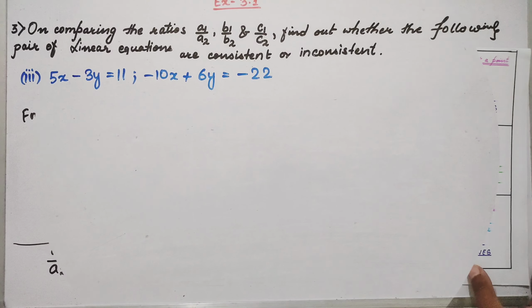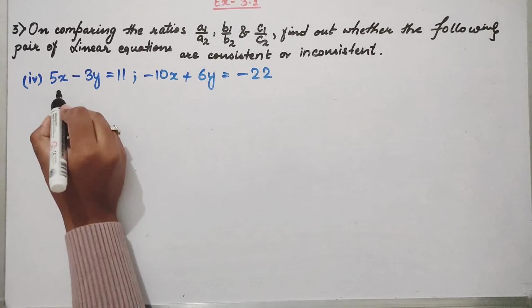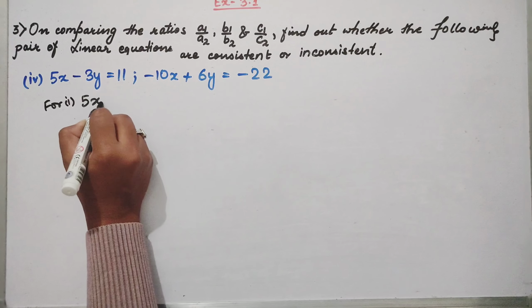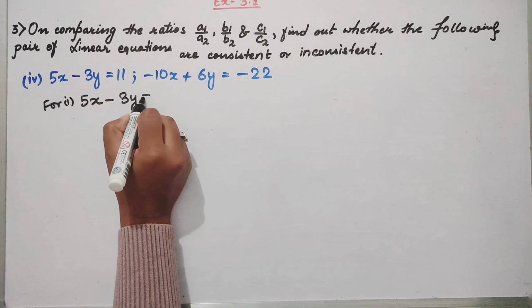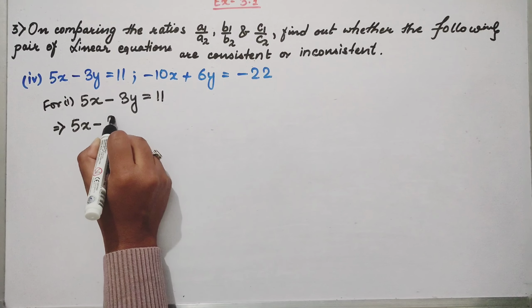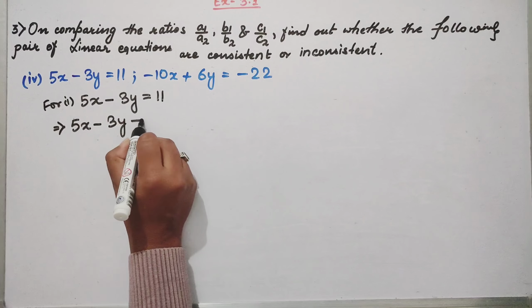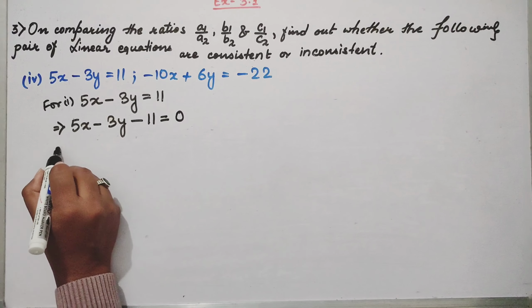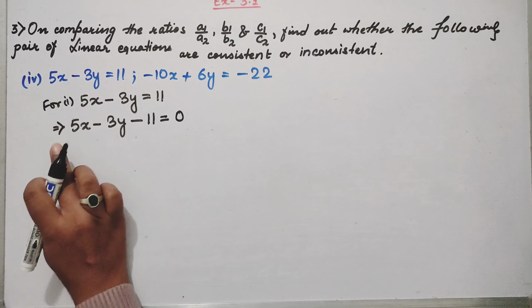Next question. For 1, 5x minus 3y equals 11. Rearranging it, we will get 5x minus 3y minus 11 equals 0.